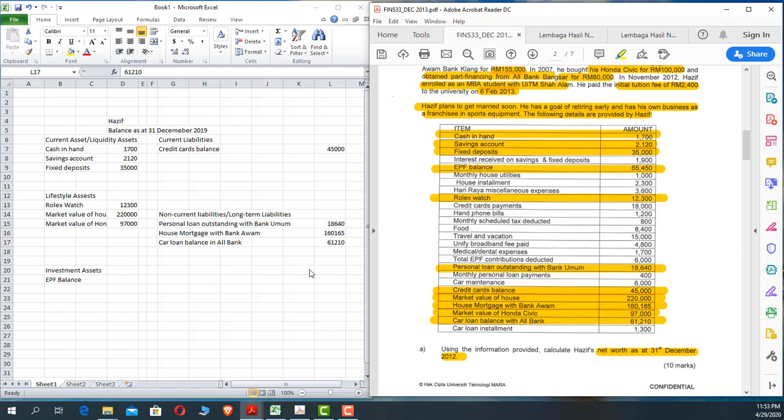So that's all based on your EPF balance tadi ialah 65,450. So here you can total here, okay, and that's based on your total asset.